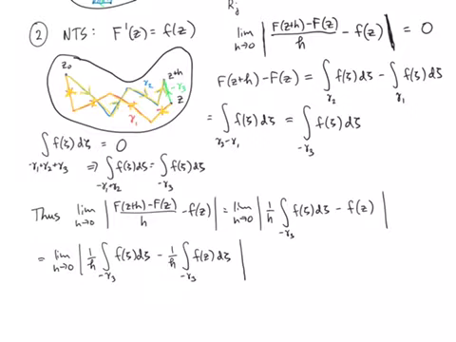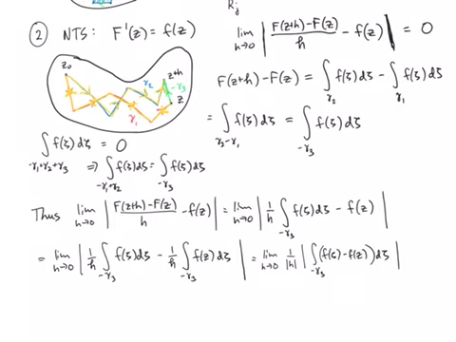So h divided by h gives you 1, and multiplying by f of z, you just get f of z back. That's just a simple little computation, and so this is the limit as h goes to 0 of 1 over the norm of h times the absolute value of the integral along negative gamma 3 of f of zeta minus f of z d zeta.